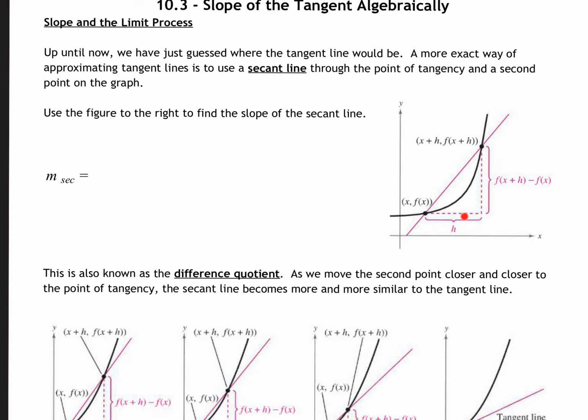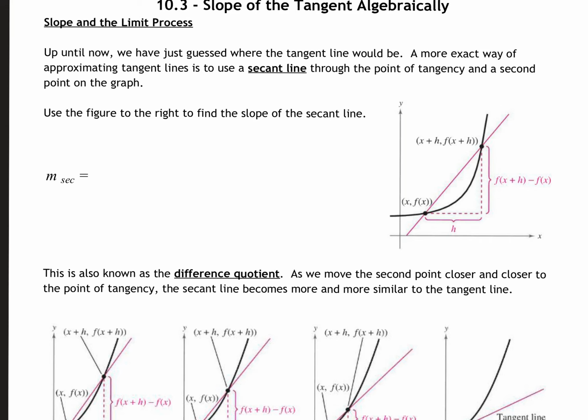Well, if we move our x-coordinate to the right a little bit, that gives us a brand new y-coordinate. So the x-coordinate has moved right, h, and then we add in h into the output when we find it as well. So our slope becomes this value over this value.